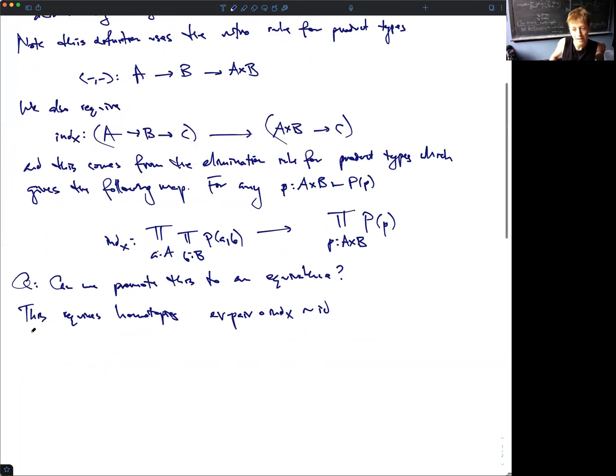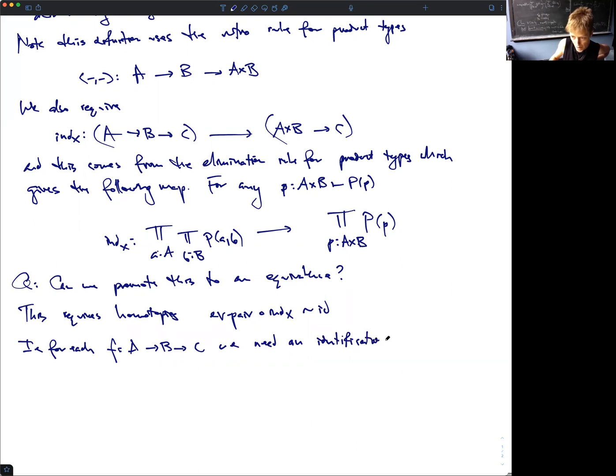So what is a homotopy? In other words, for each term in the domain of this ind times function, so for each function f from A to B to C, to construct this homotopy, we need an identification.